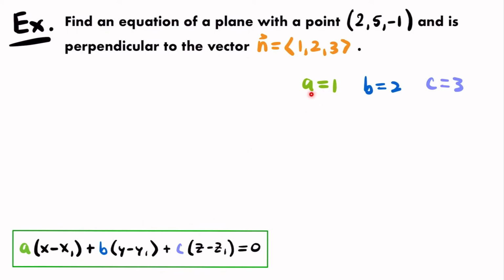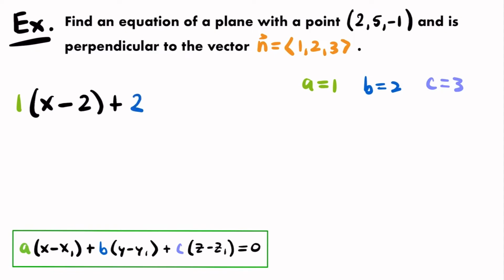We know that a is equal to 1, so we'll have 1 times (x minus x1). I'll start by writing that. We'll have 1 times (x minus x1), which is the x coordinate from our point, and that's 2. So we'll have x minus 2, and then we will add that to b times (y minus y1).